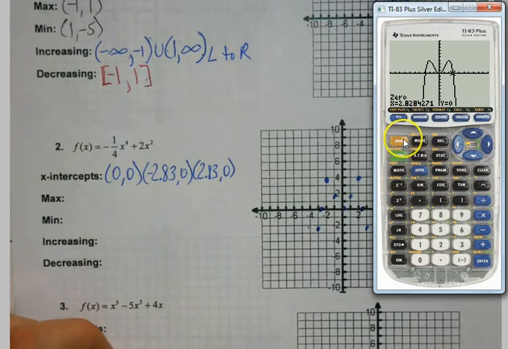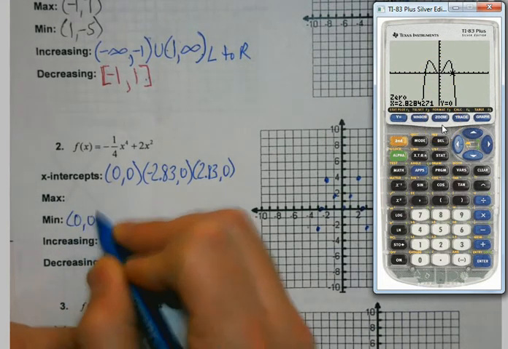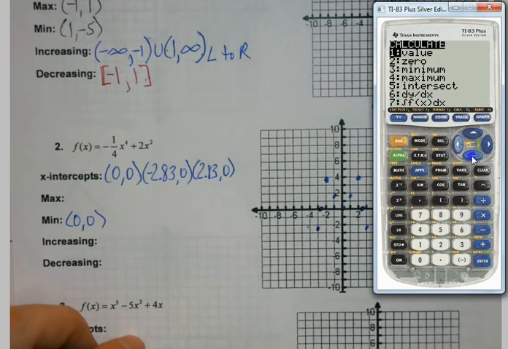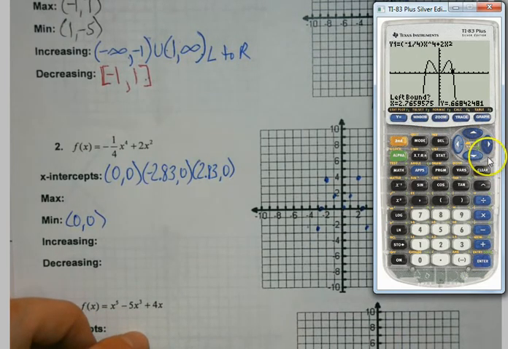And let's check on our maxes and mins. Now this time I got 2 maxes. And my min, I basically know is going to be at 0, 0 because I can see that already. But we'll double check. We'll make sure that we're being accurate and doing our due diligence here. So okay, let's go back over here. Work on my max here. So to the left, and to the right.